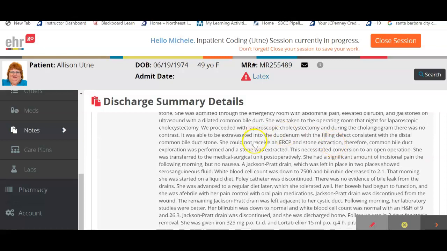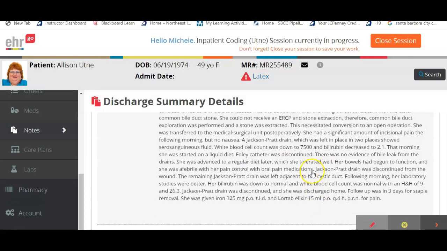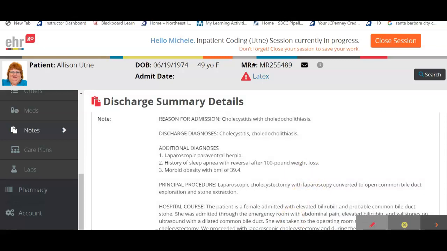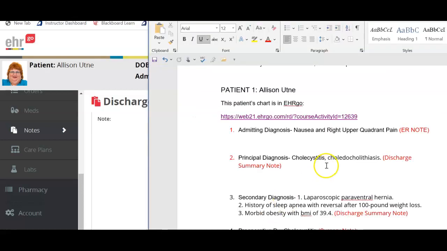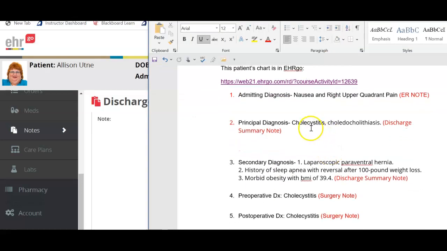It also gives us the whole course of the patient while in the hospital. We are going to go with the principal diagnosis, cholecystitis with choledocholithiasis, which is in the discharge summary note.